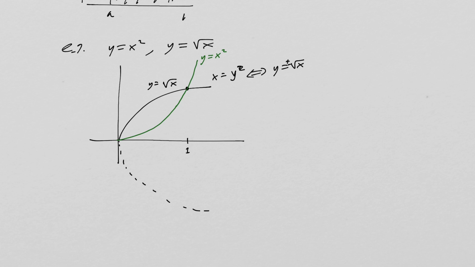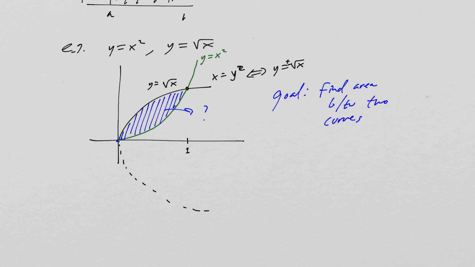The goal here is to find the area between the two curves. We can draw that area where the two curves intersect and pinch off to each other. We have that little area there, so I want to know what is that area.